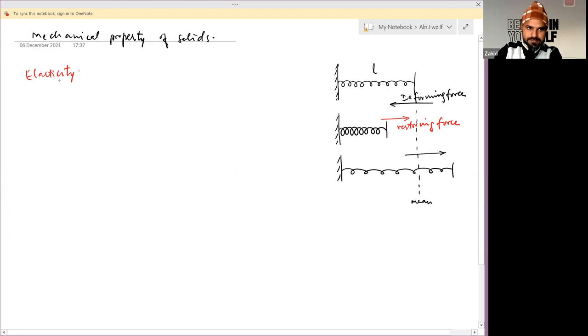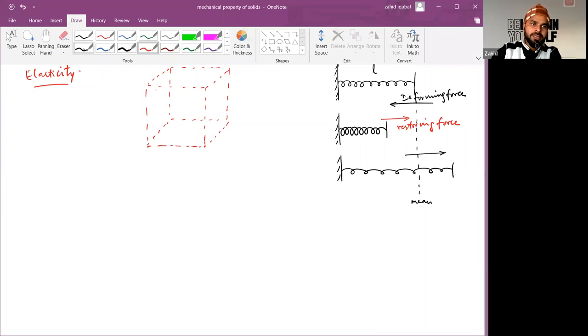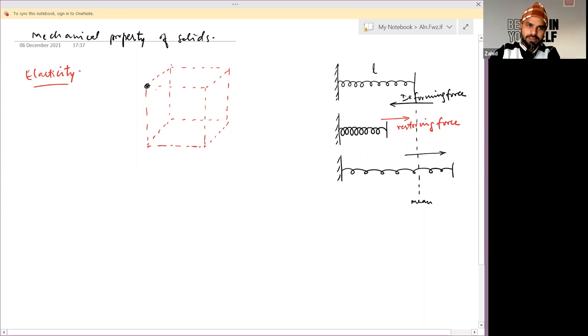So first is elasticity. Suppose you have a body in which particles are arranged at the corners of this cube, and the bonds between the particles behave as spring-like structures, and each corner is occupied by these particles.